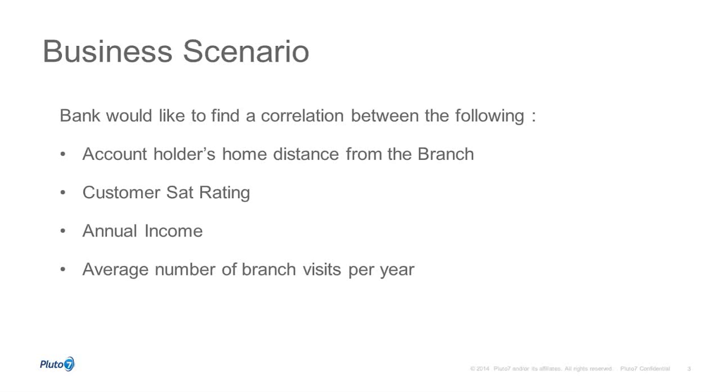Now, the branch visits has got to do with the profitability of having that customer, and has a relation to lifetime value as well. So now understanding correlation between this information helps you make some strategic decisions around, well, should you have a branch in a particular geography, how important is it, and how convenient does it need to be, and whom should you be targeting to have a more profitable business.